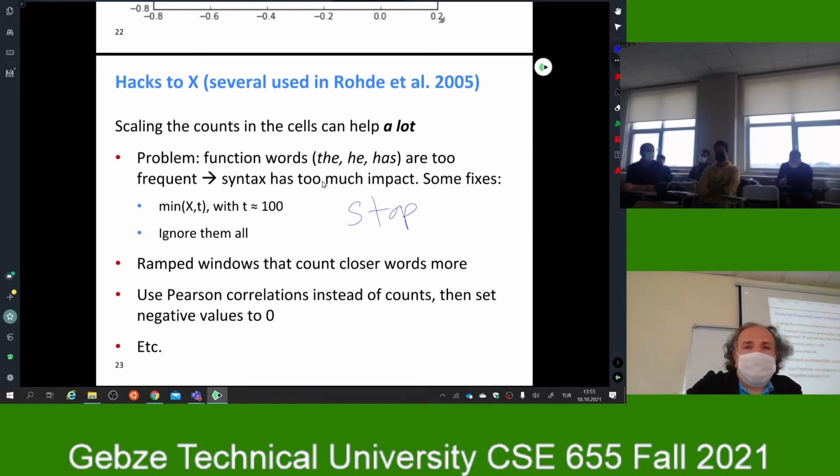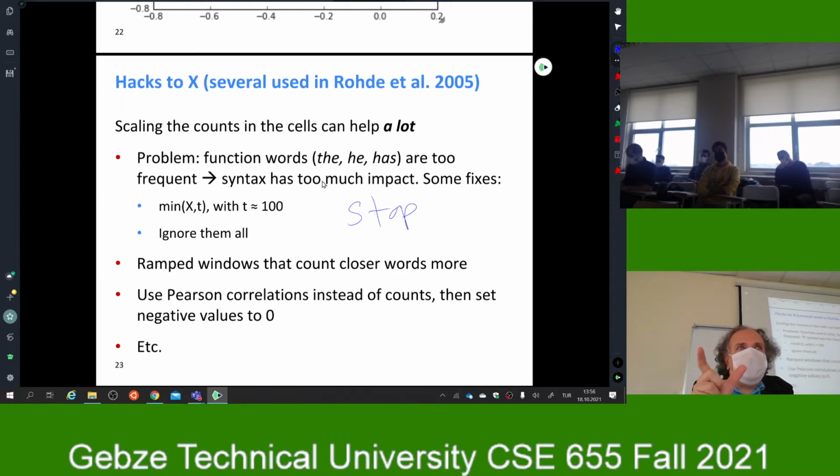I mean, these guys listed a number of improvements on this co-occurrence matrices. Ramped windows. Okay, ramped windows say that, remember in my example, I used a window of length 1, just the next word or the previous word.